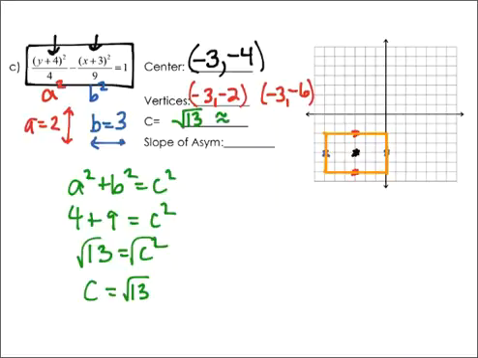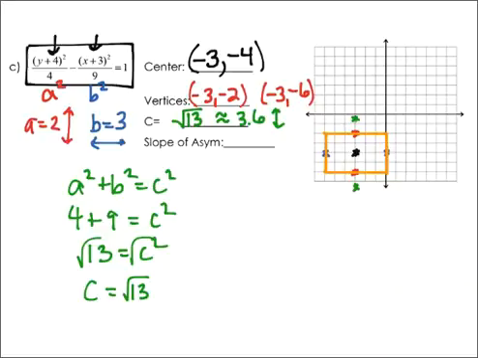Since I want to find out where my foci are, that is about 3.6. So remember, the hyperbola is going to be opening up and down, so I need to go up and down 3.6 from the center. So that puts me about right there and off the graph. That's okay. So those are my foci.